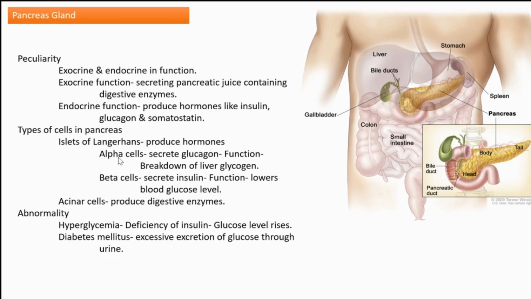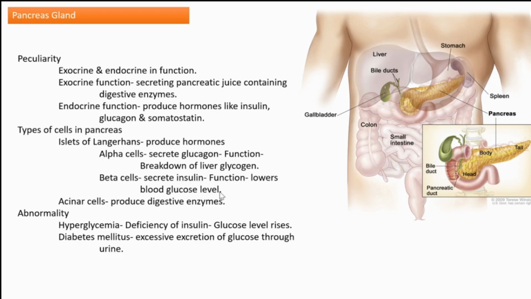The alpha cell secretes glucagon, and its function is to break down liver glycogen. The glycogen that is stored in the liver is broken down to release glucose. That action, breakdown of liver glycogen, is done by glucagon hormone. It is secreted by the alpha cells of the islets of Langerhans of the pancreas gland. Then beta cells secrete insulin. What is its function? It lowers the blood glucose level.